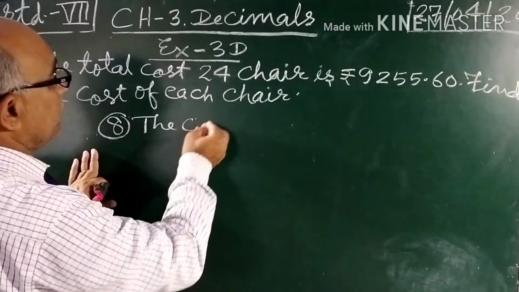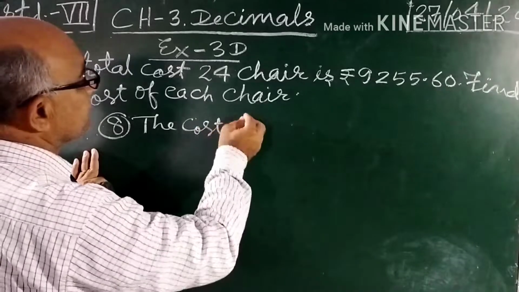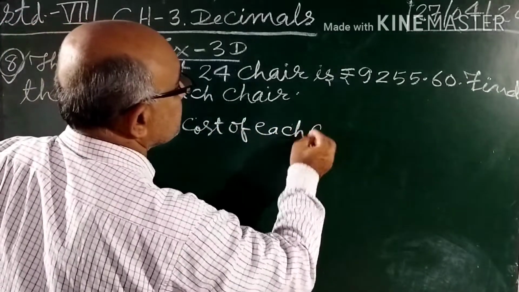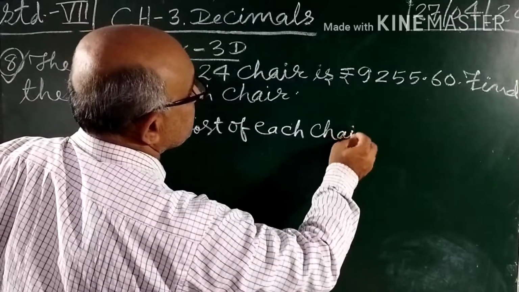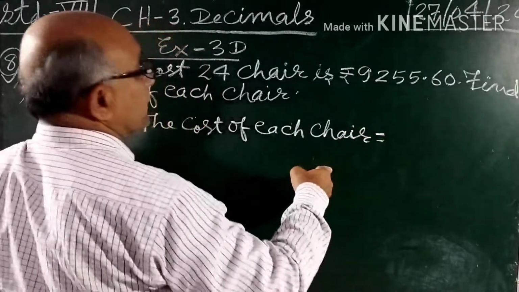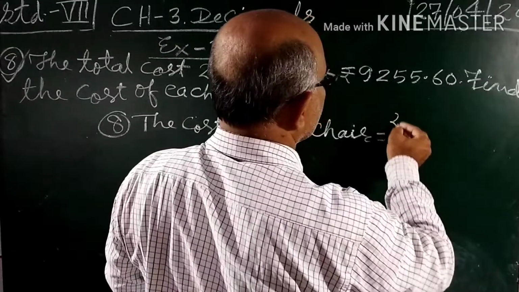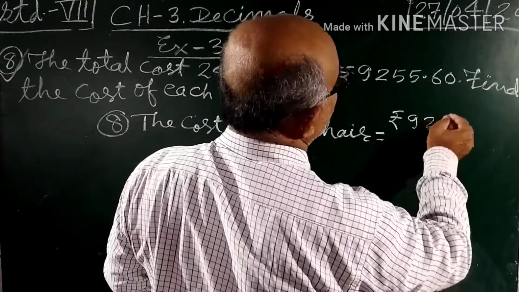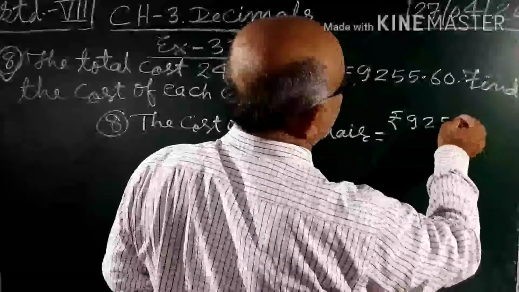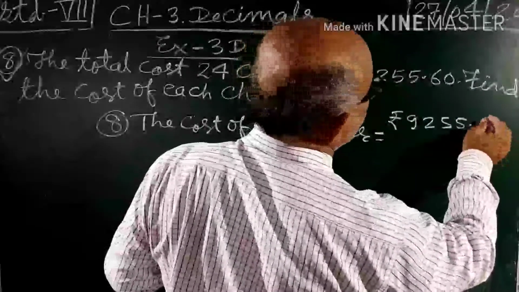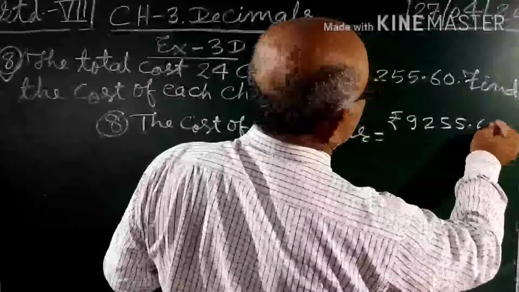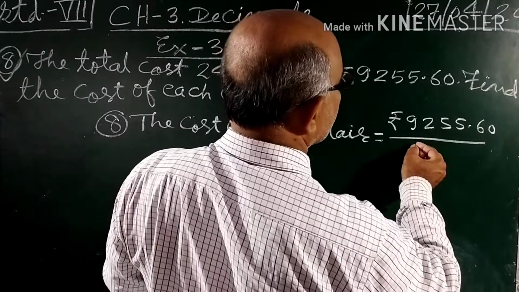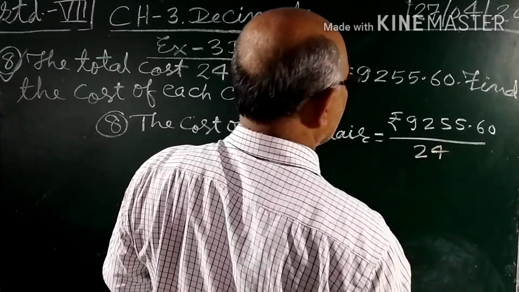The cost of each chair equals rupees 9255.60 divided by 24.